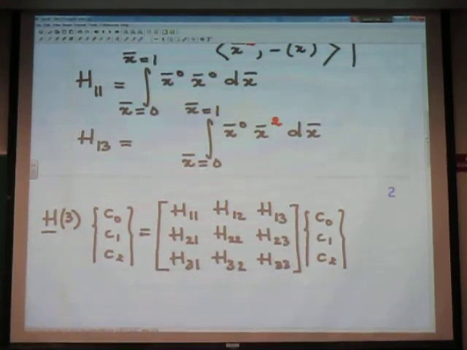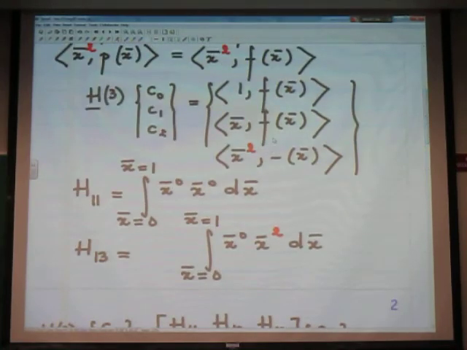The right-hand side is just the column matrix of numbers, because it is the integral of a basis function times f of x bar. Let me take an example. Let me take the middle coefficient.